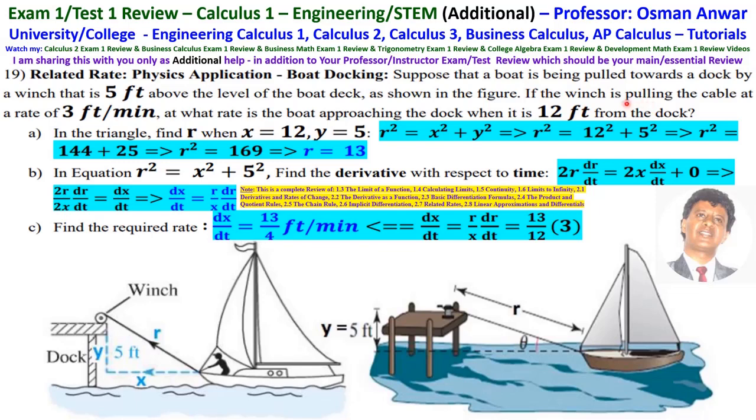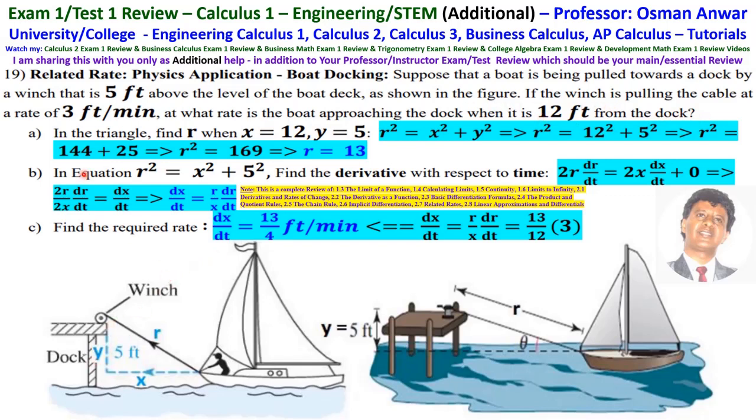If the winch is pulling the cable at a rate of 3 feet per minute, that means r is changing at 3 feet per minute. At what rate is the boat approaching the dock, which is dx by dt, when it is 12 feet from the dock? x is known, it is 12 feet from the dock.